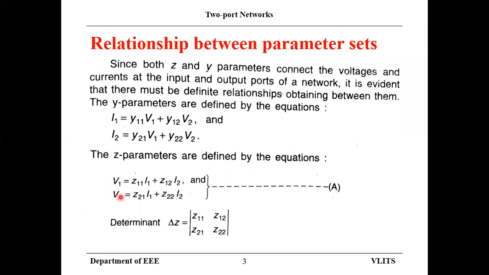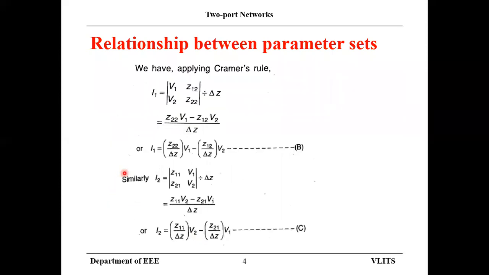We replace the first column with V1 and V2, divided by the determinant of the total matrix, delta Z. Simplifying, the determinant is V1 into Z22 minus V2 into Z12, over delta Z. So I1 is equal to Z22 by delta Z into V1 minus Z12 by delta Z into V2. Let me call this equation B.